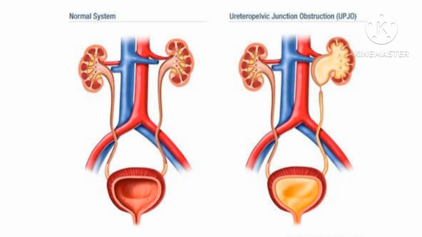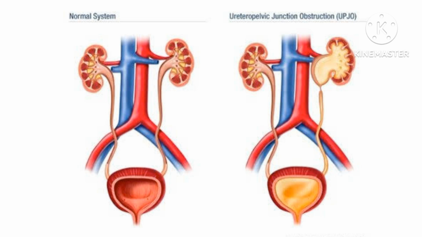Physiologic variants. Congenital UPJ obstruction. The ureter is narrowed, kinked, or scarred where the UPJ meets the renal pelvis. A short area of narrowing and fibrosis emerges, but the obstruction is rarely complete.